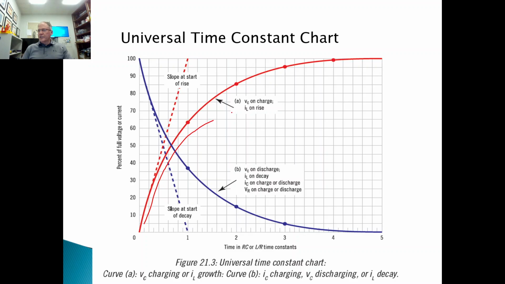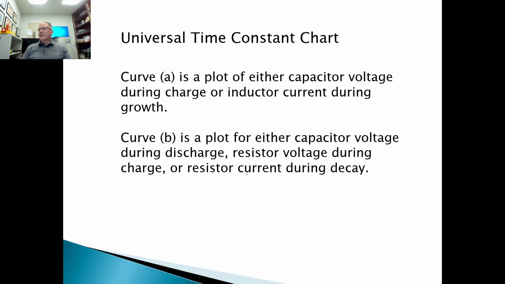So this is charging, this is discharging, and that will give us the values there. Okay? So curve A is a plot of the capacitor voltage during charge or the inductor current during growth, and then B is the discharge or the decay.